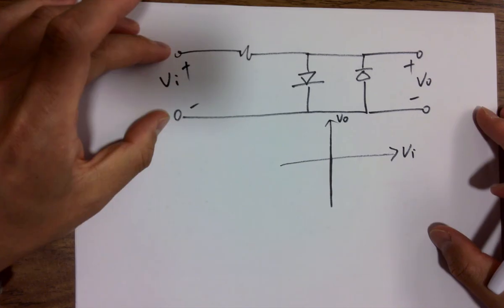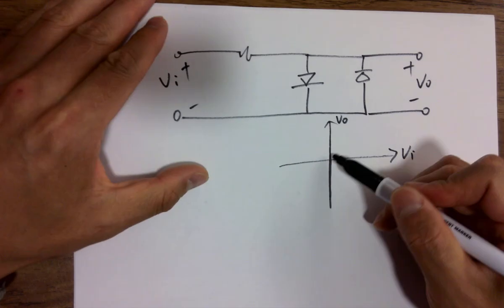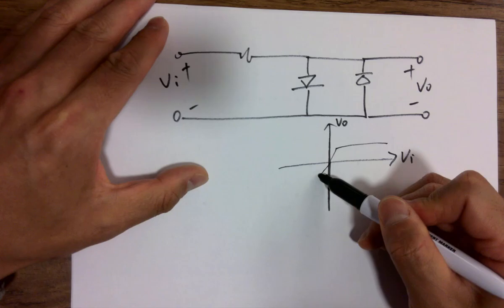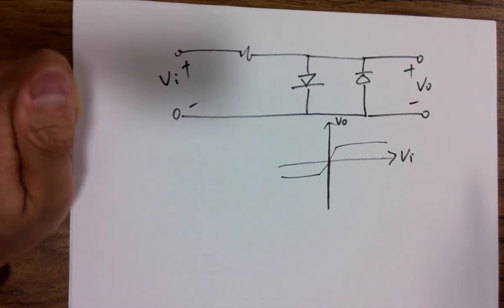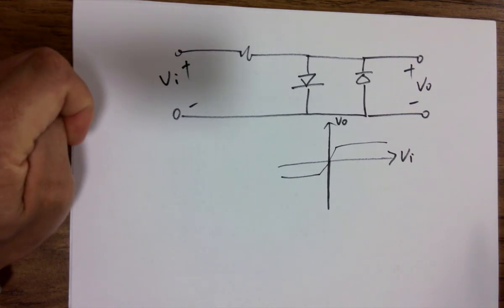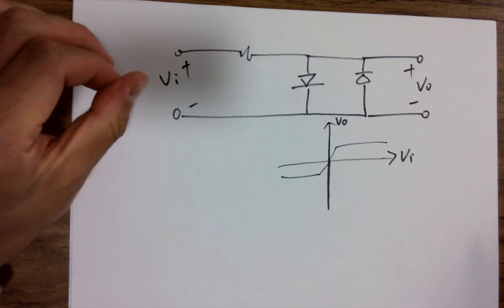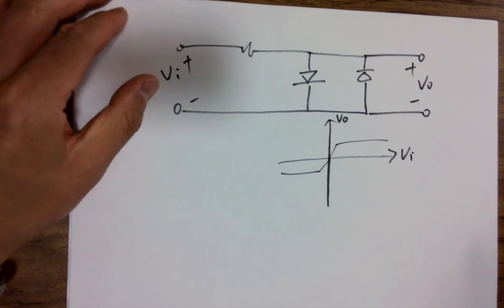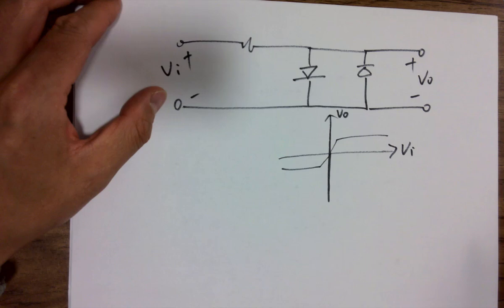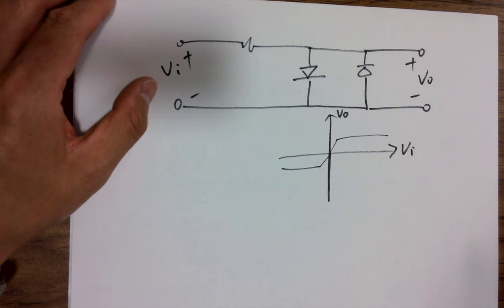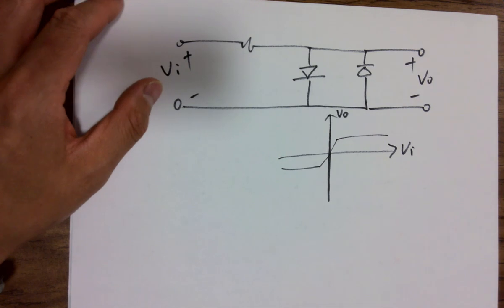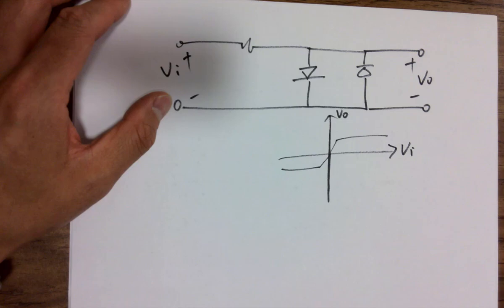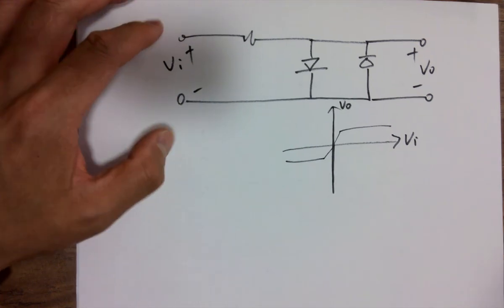So you're going to be clamped on both sides. So 0.7. So this is a way to limit the output voltage. If you're going from V in to V out, you're clamping it physically, in a certain range, right? Yeah, it works that way.